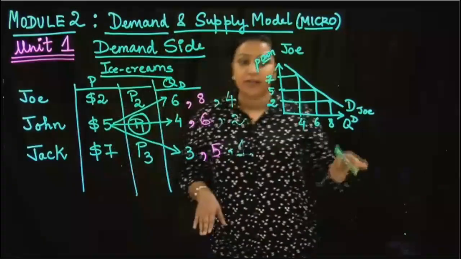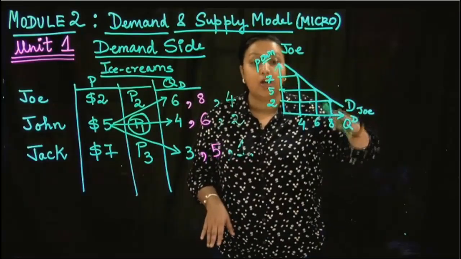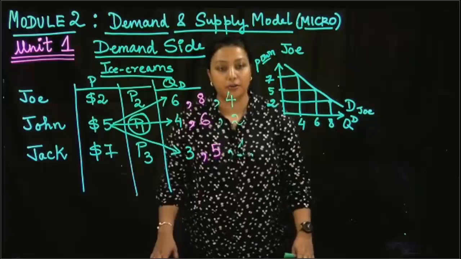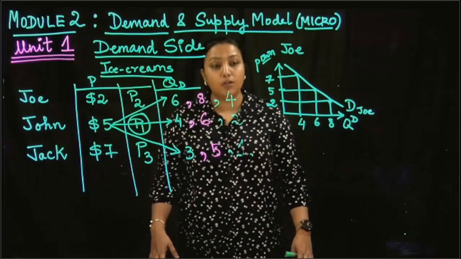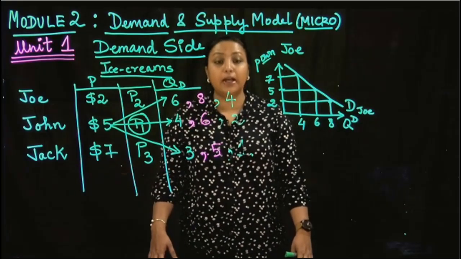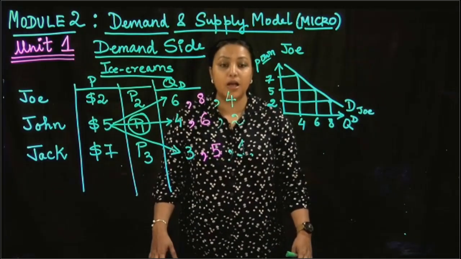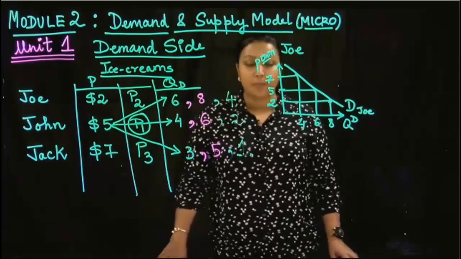But the similarity is that you will end up getting a downward sloping line for all those three buyers, which basically means that the law of demand holds for all these three individuals, or in other words, the individual demand curves are downward sloping and they all follow the law of demand.